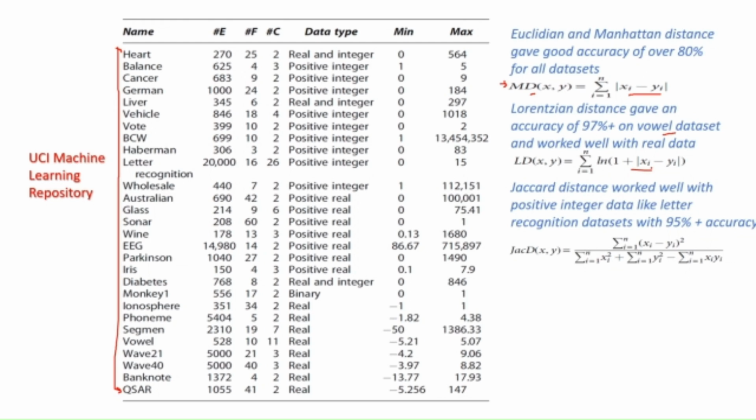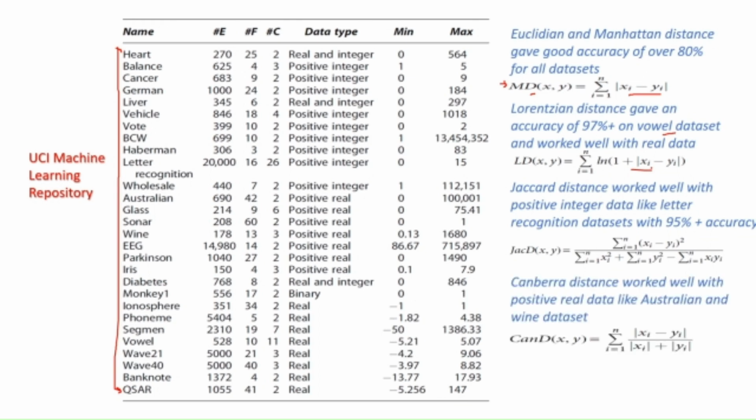And Jaccard basically gives a dissimilarity between two sets based on union and intersection. And then we had Canberra distance, which worked well with positive real data like the Australian dataset, like the wine dataset. This really gave good results.